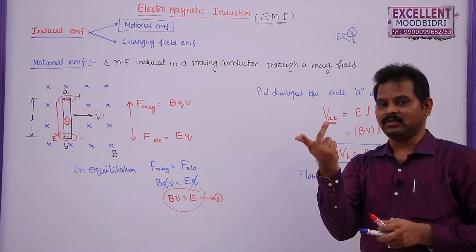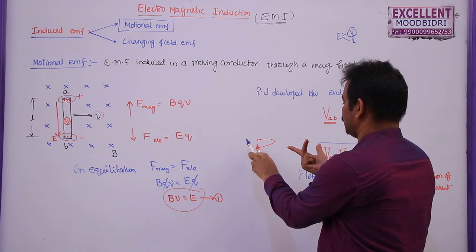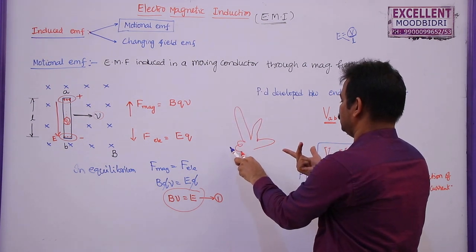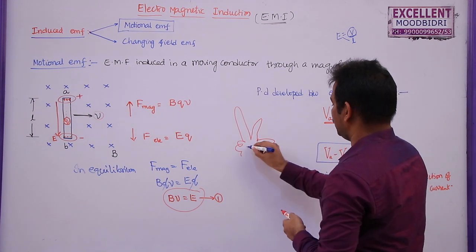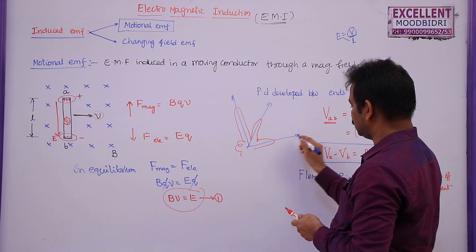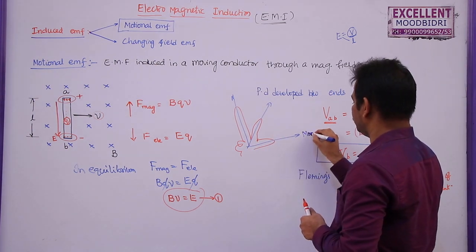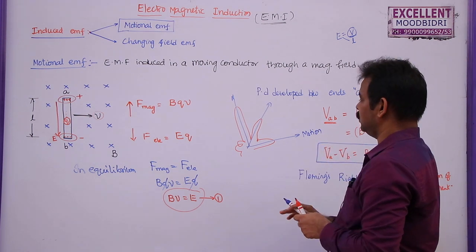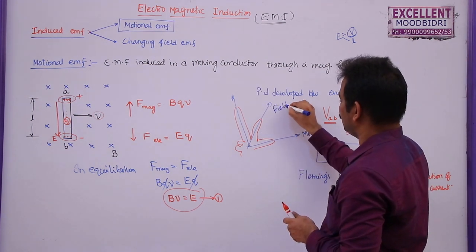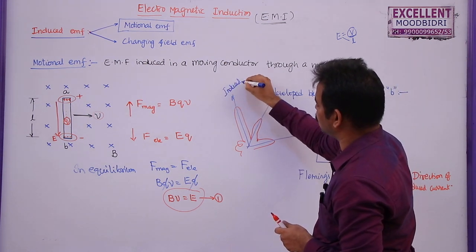When these three are mutually perpendicular, let us say this is the thumb, this is the forefinger, this is the middle finger. The thumb indicates the direction of motion of the conductor, the forefinger gives the field direction, and the middle finger gives the direction of the induced current.